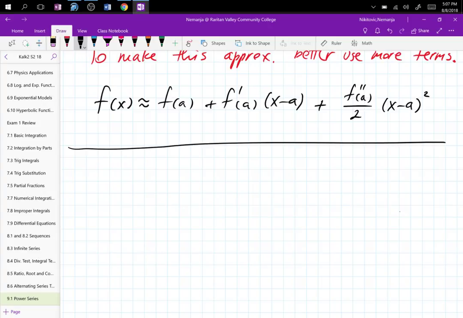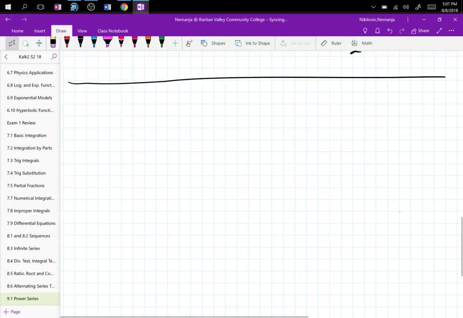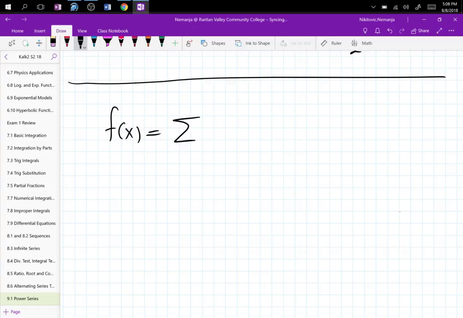So that's technically it. So in order for us to get the power series, we have to define the procedure, right? And we'll give it the name Taylor polynomial when we get into 9.3. So what we are doing now is we're going to take a look at the summation. Well, sorry. f of x is equal to summation k goes from 0 to infinity, c_k (x minus a) to the k.